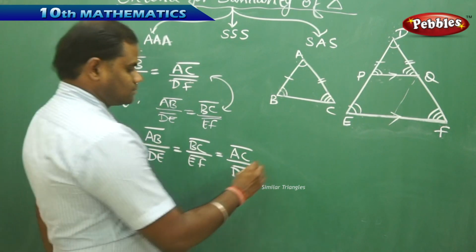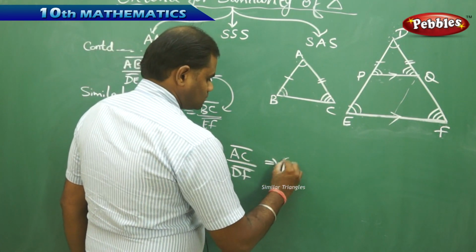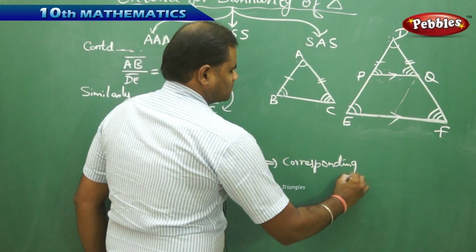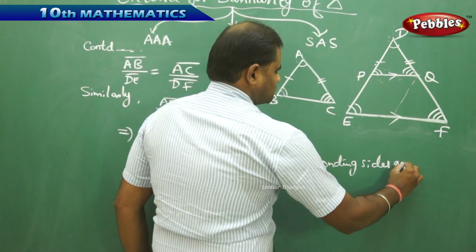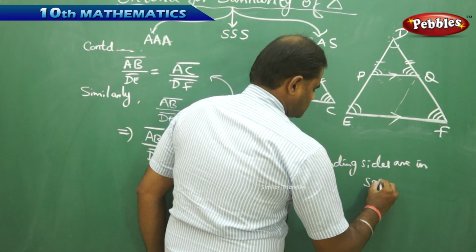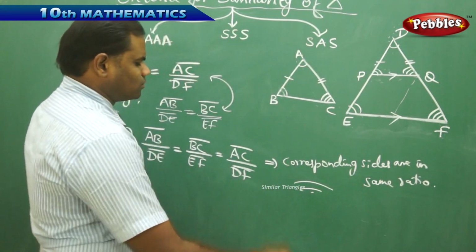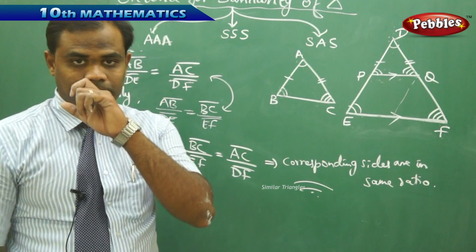That implies corresponding sides are in the same ratio. Therefore, the two triangles are similar.